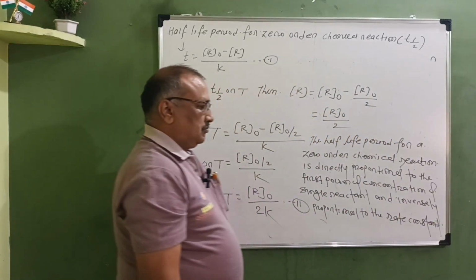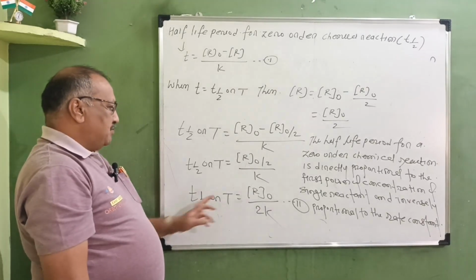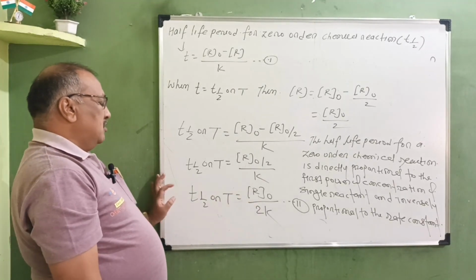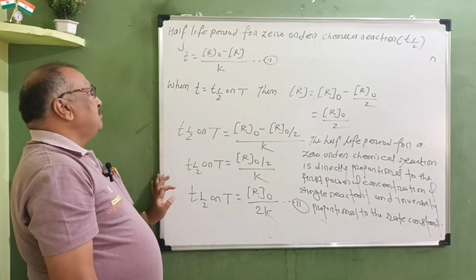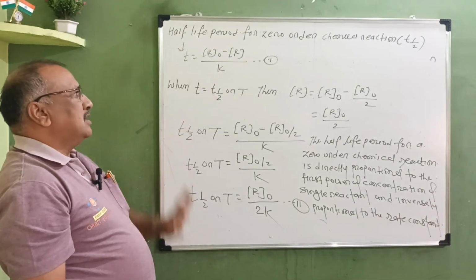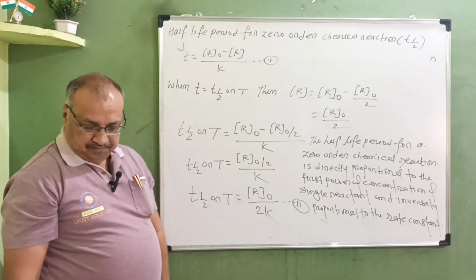Now T half is equal to R0 upon 2K is the expression for half-life period for zero order chemical reaction.